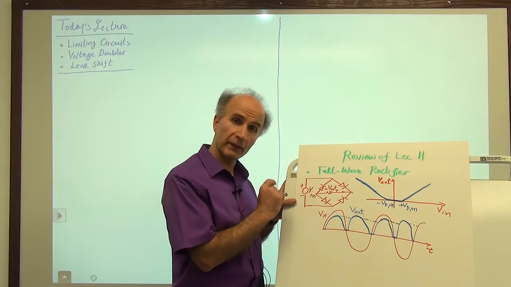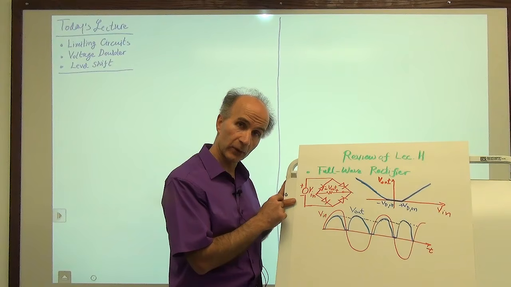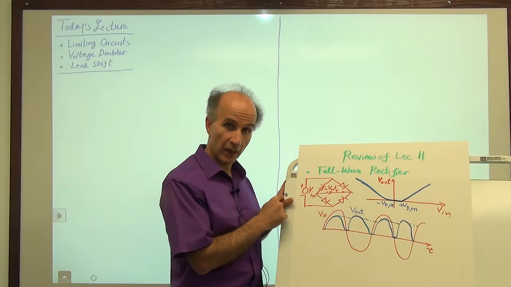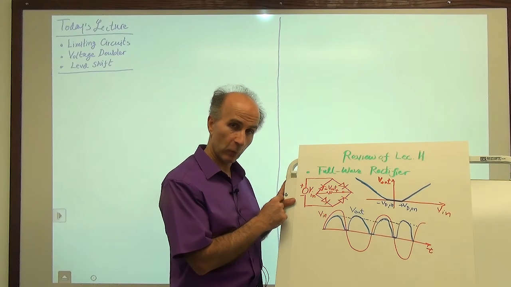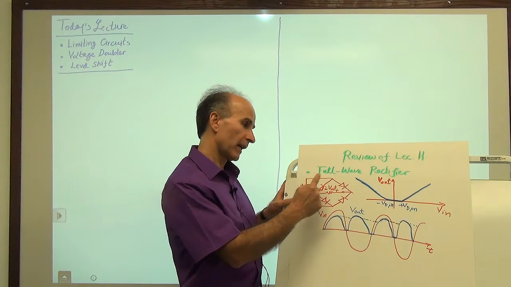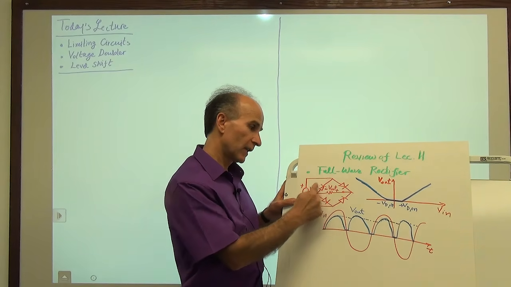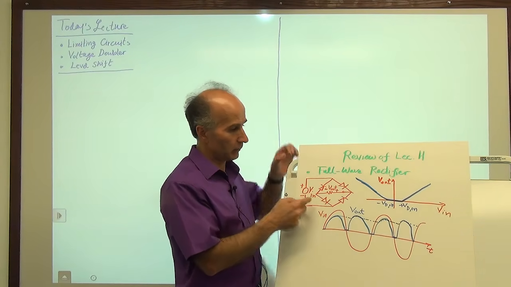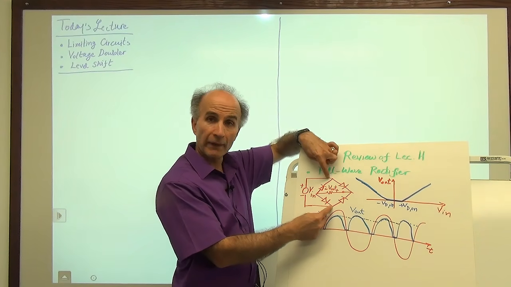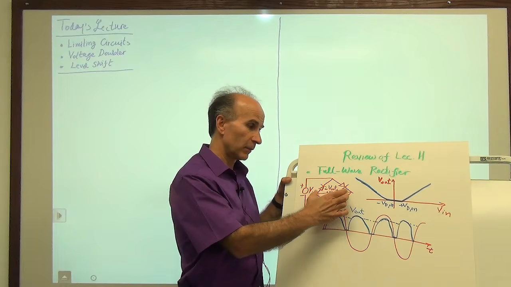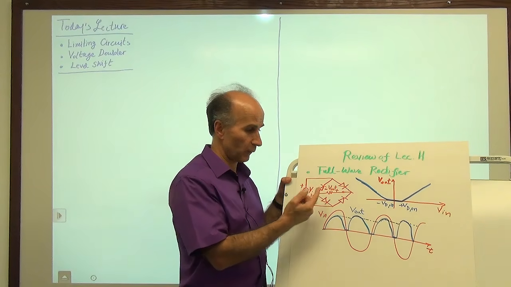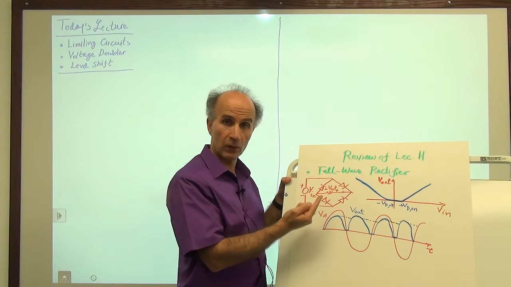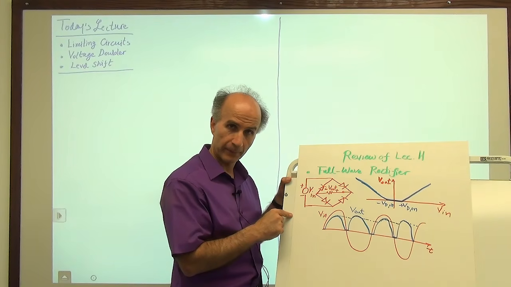We said that a full wave rectifier consists of 4 diodes as opposed to 1 used in the half wave rectifier. And the 4 diodes are configured as shown here, with the input applied to these 2 terminals and the output sensed between these 2. And for example, we can have a resistive load or some other type of load.